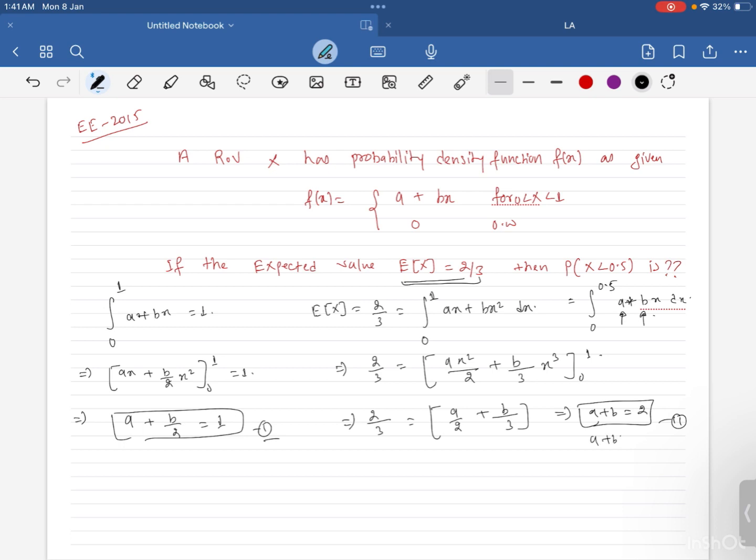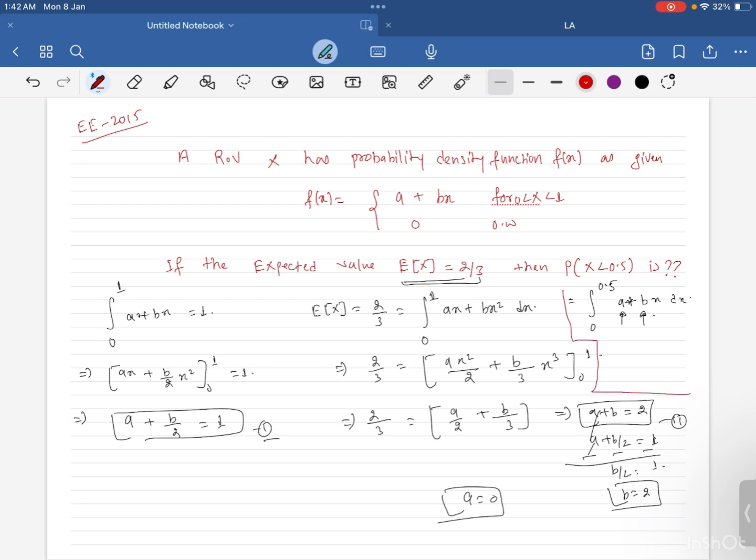So a plus b divided by 2 is equal to 1. So that is going to be b divided by 2 is equal to 1, so b is equal to 2. If b is equal to 2, then a is going to be 0. Now we have to find this probability.